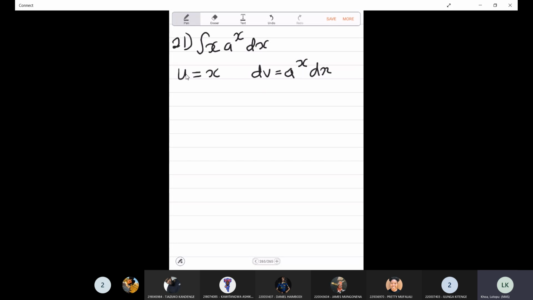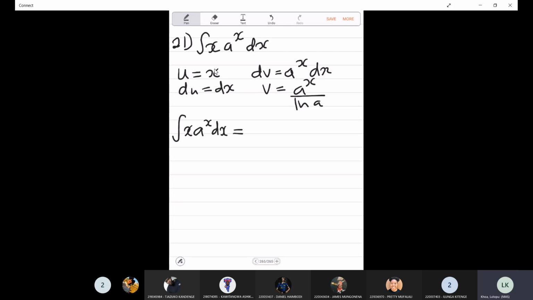So differentiate, we have du is equal to dx, and then here v, the integral of a to the power of x, is a to the power of x divided by ln of a. So now we have our four terms. We know the integral of x, a to the power of x dx.